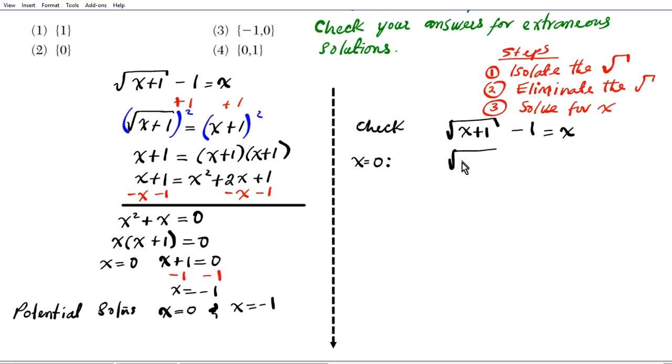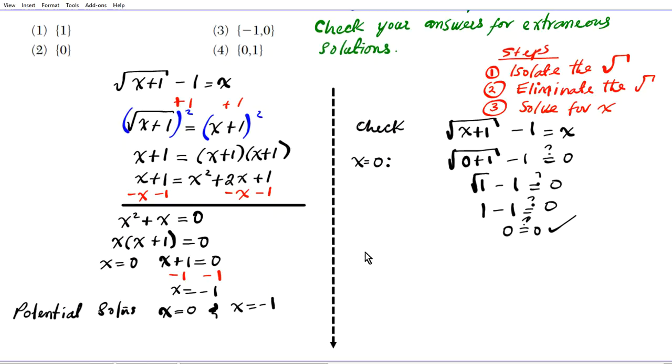Question: the square root of 0 plus 1 minus 1, is it equal to 0? Let's see, 0 plus 1 is 1. Square root of 1 minus 1, is it equal to 0? Square root of 1 is 1. 1 minus 1 is 0. Is 0 equal to 0? Absolutely. So that means x equals 0 is an actual solution.